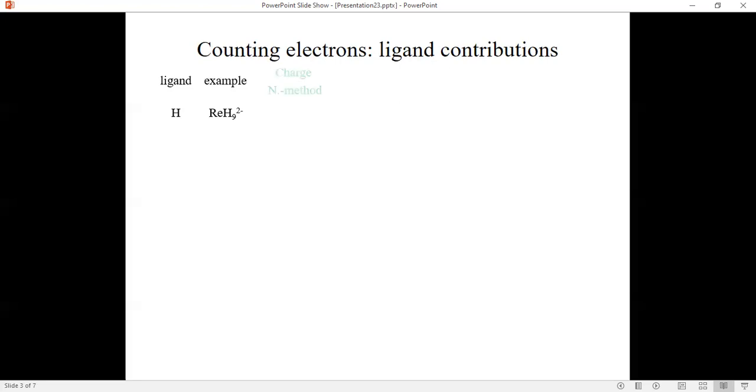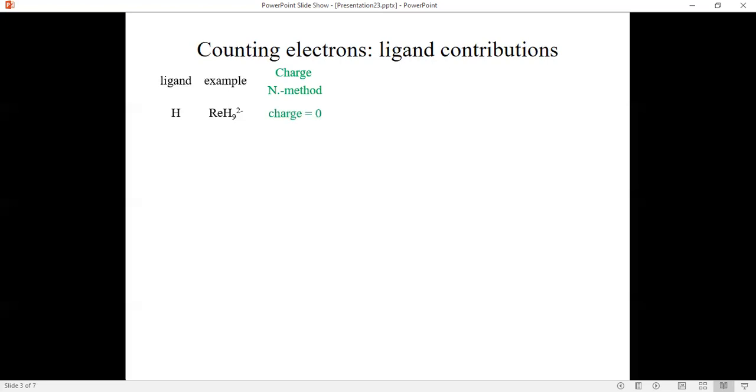Then we can first determine what is the charge at the ligand when we use the neutral atom method. This is a very trivial question because the neutral atom method mandates that the charge at the ligand is 0.